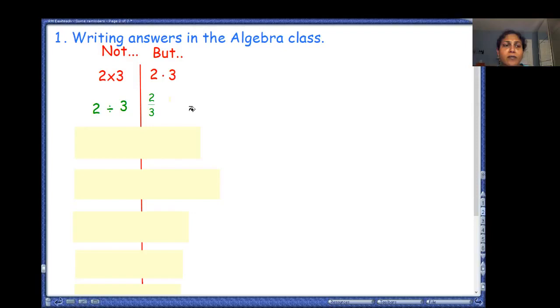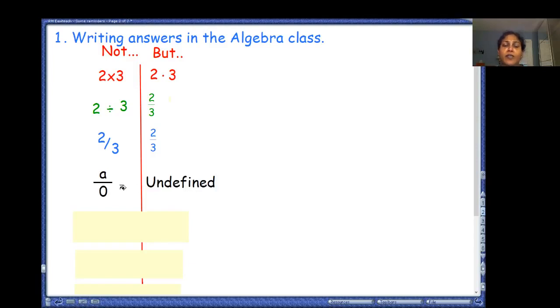For division, you're not going to use the division symbol anymore. Instead, you're going to use the fraction line, and the fraction line needs to be horizontal. Similarly, no fractions must be written with a slanty line, a forward slash. You have to write it as a horizontal fraction.